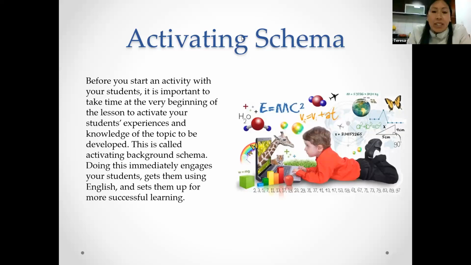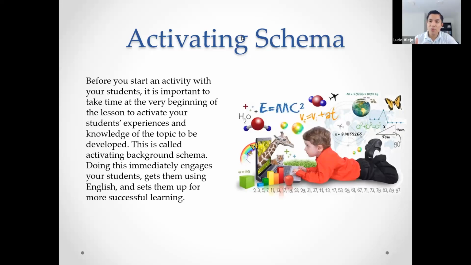Before you start an activity with your students, it's important to take time at the very beginning of the lesson to activate your students' experience and knowledge of a topic to be developed. This is called activating background schema. Doing this immediately engages your students, gets them using English, and sets them up for more successful learning.